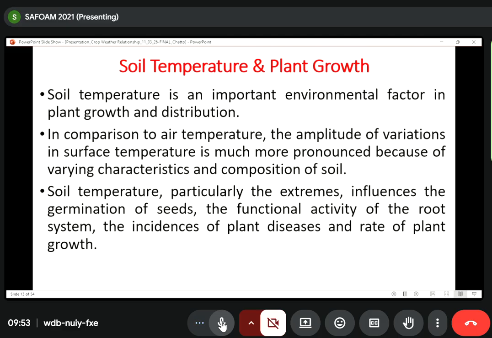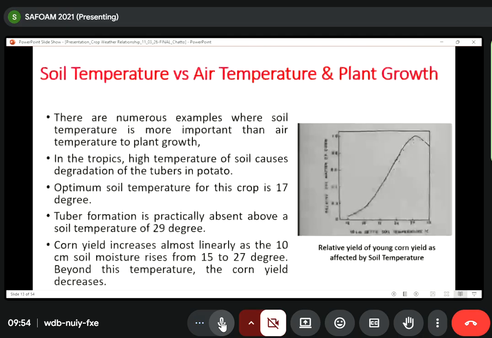And when the soil temperature is particularly extreme, it influences germination of seeds. So that's why we know at what soil temperature a particular crop will germinate. We first measure the soil temperature and fix the timing. Soil temperature also regulates the root system and the incidence of pests and diseases on plant growth.